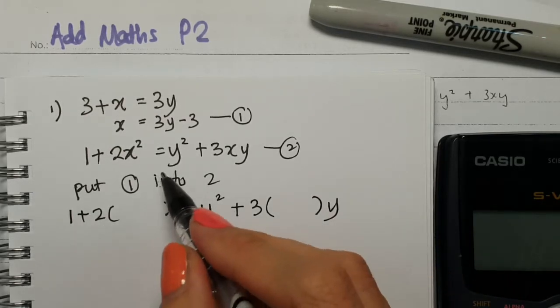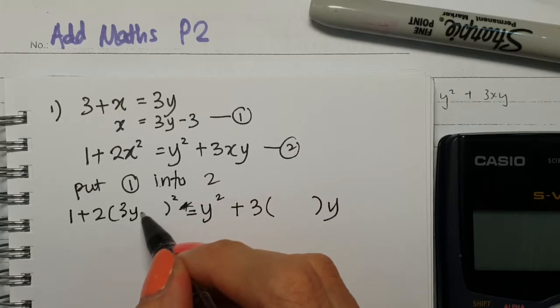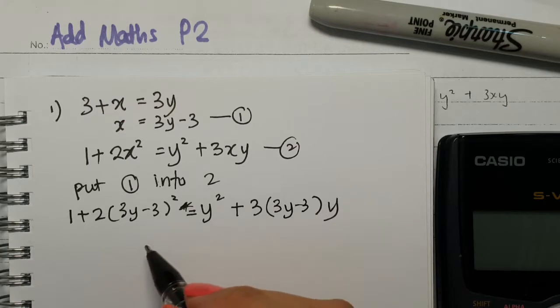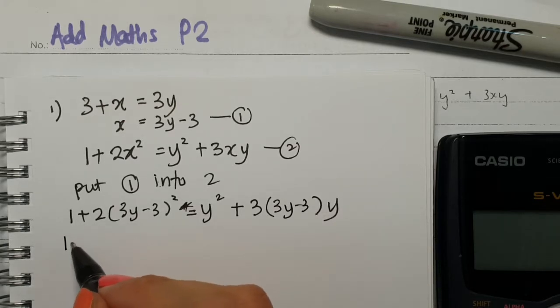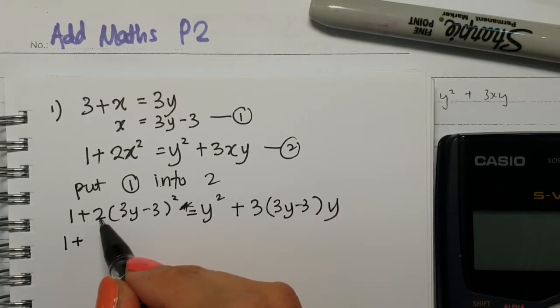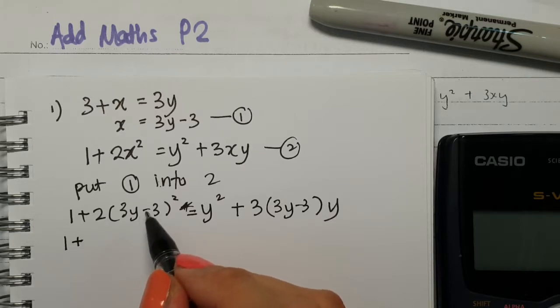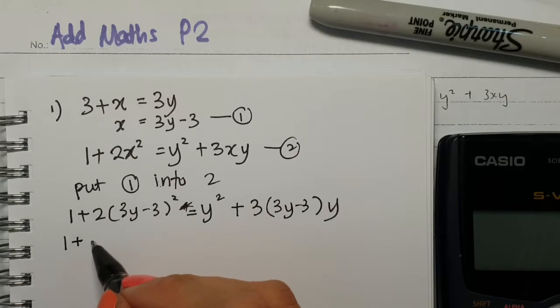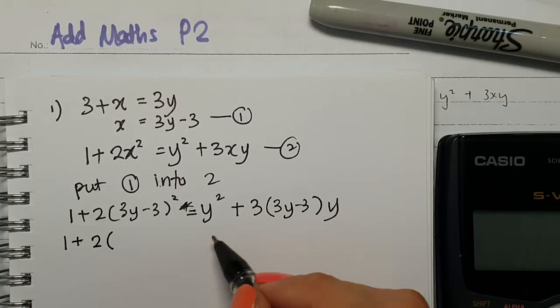Okay, so over here, x is 3y minus 3, 3y minus 3. Open up the bracket, so 1 plus. Before we multiply this 2 into this algebraic expression, we have to square this algebraic expression first. So let's square it.